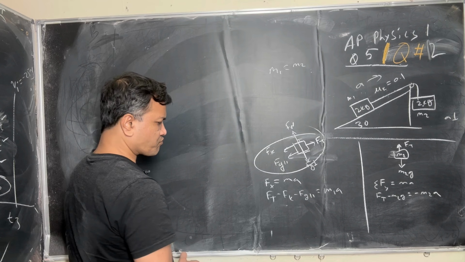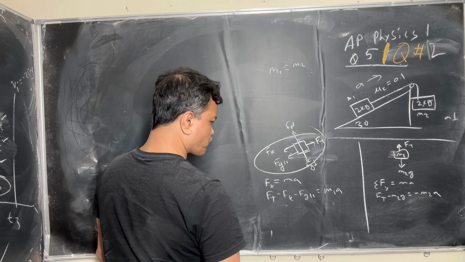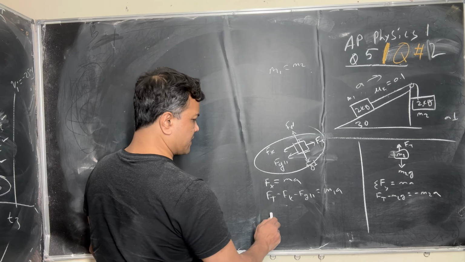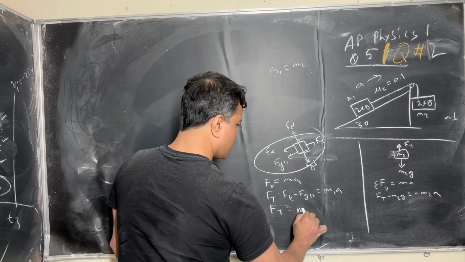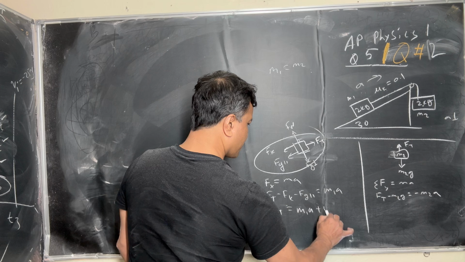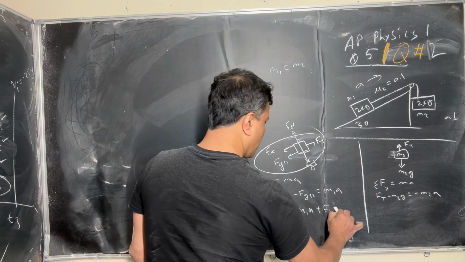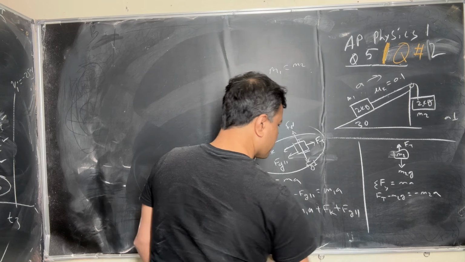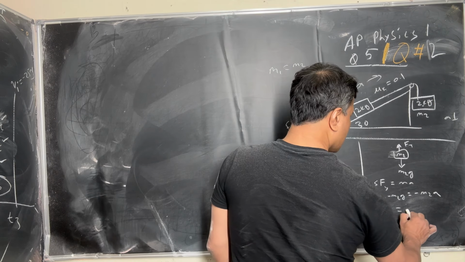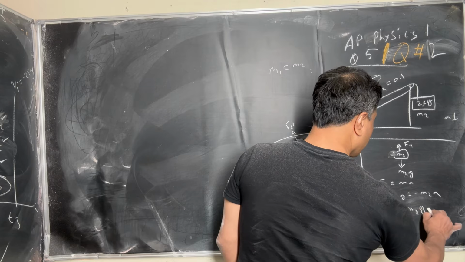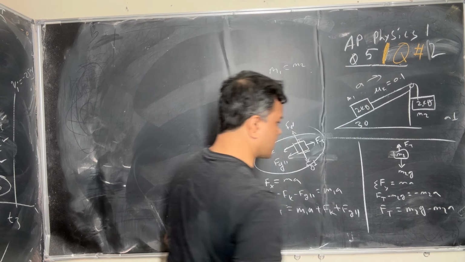Okay, so Ft. So what is Ft? Ft is m1a plus Fk plus Fg parallel. Okay, what is Ft over here? Ft is m2g minus m2a. Okay, great.